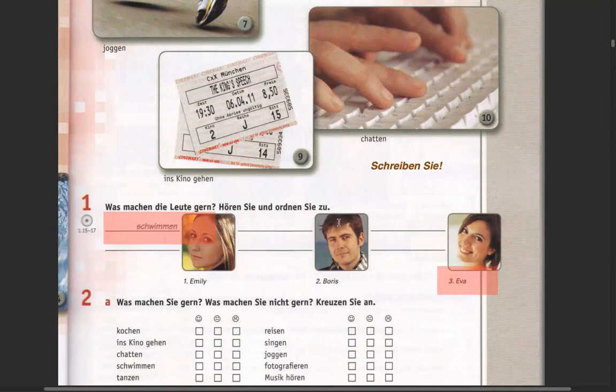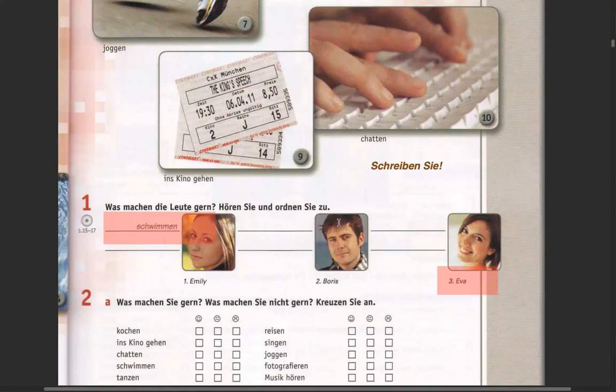Hallo Emily. Ich mache ein Interview über Hobbys. Sag mal, was machst du denn gerne? Also, ich schwimme gern und ich jogge auch oft, besonders im Sommer. Zwei. Hallo Boris. Hallo Maja. Sag mal, Boris, chattest du gern? Ja, sehr gern. Aber ich reise auch gern.